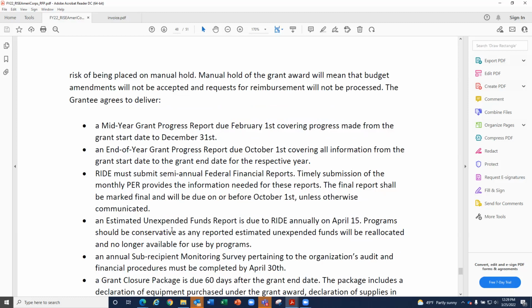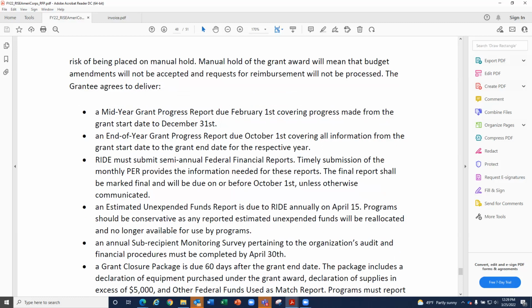Also in April, we will ask our programs, if they haven't already communicated this in some way, to look at their progress in spending the funds that have been awarded to them and to determine if it is known to them that there will be funds that are unexpended during that grant year.